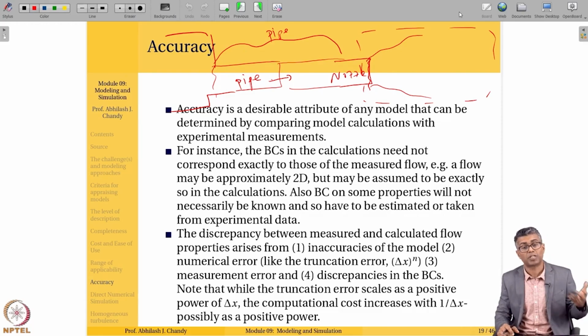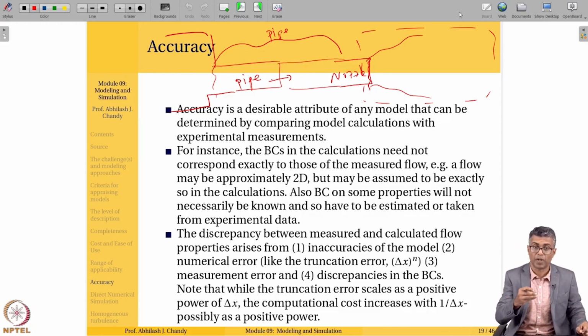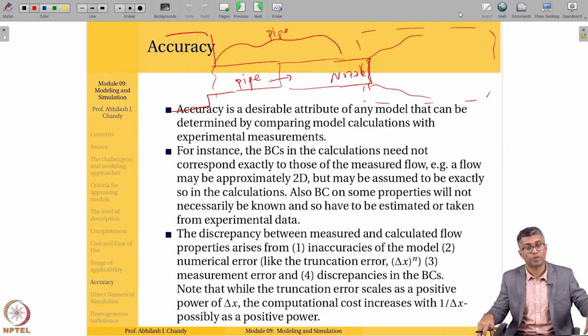The third is the measurement error. In other words, we don't touch upon this often enough, but there could be an error in the way you have measured the velocity from the experiment. So maybe you're trying to match something that is not matchable, in the sense that experimentally there might have been some discrepancies or inconsistencies in the way you measured your flow velocity, for example.